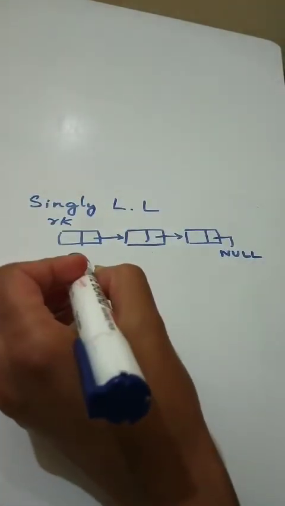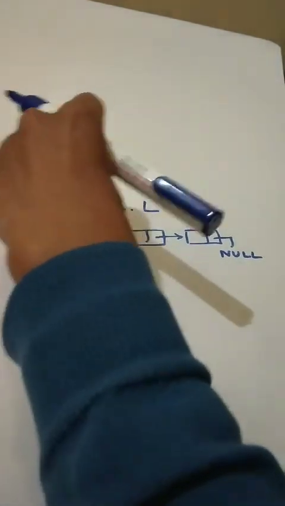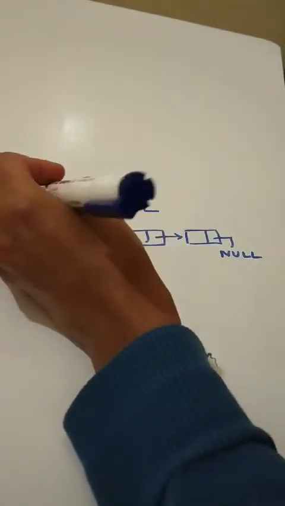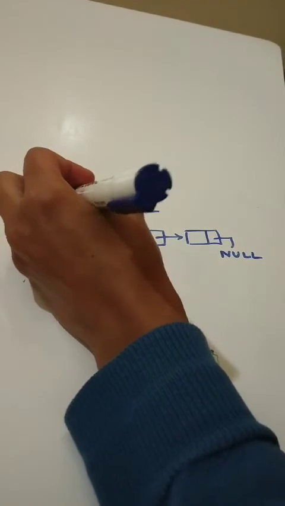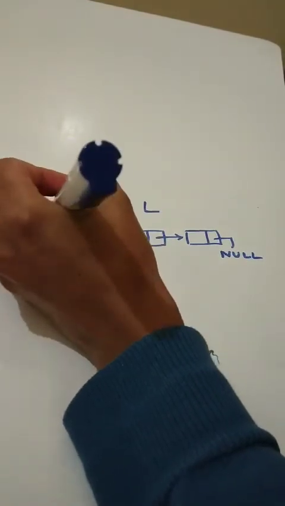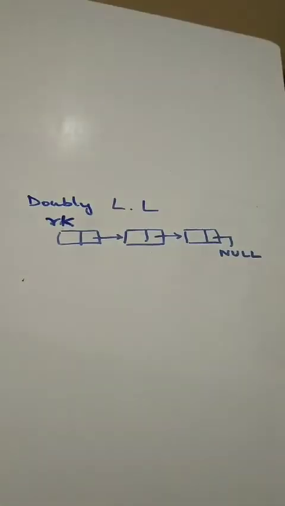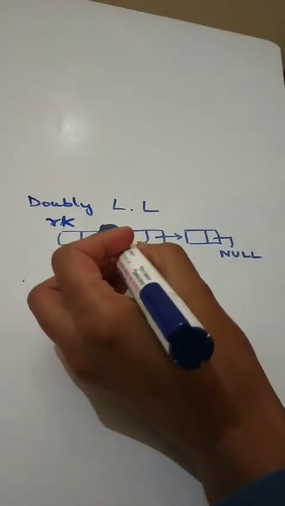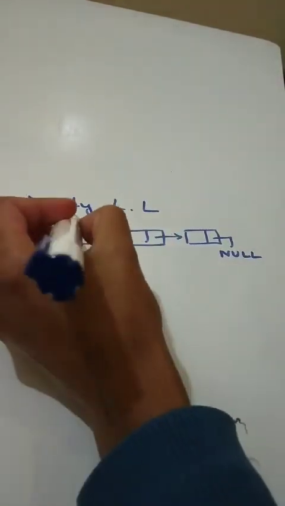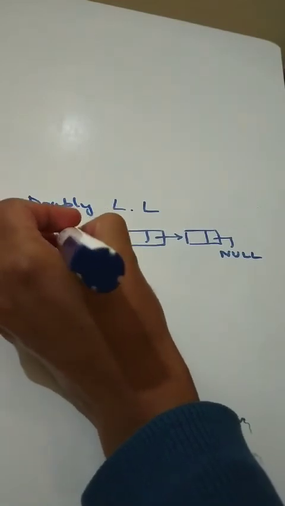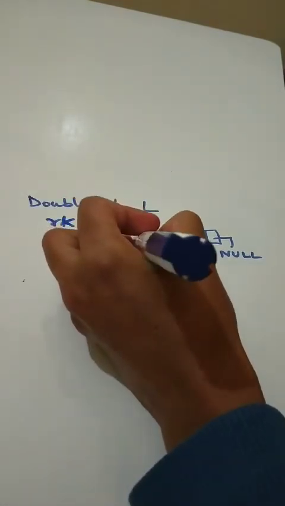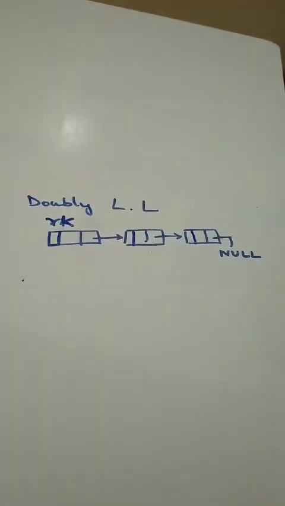Then we have a doubly linked list. From singly we come to doubly. That means there will be double pointers. Here each node holds 2 pointers. So I'll have one more pointer attached.